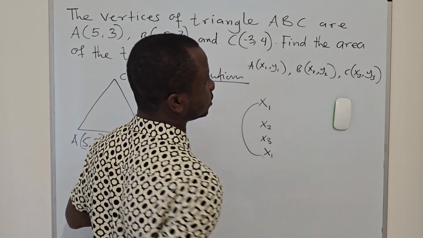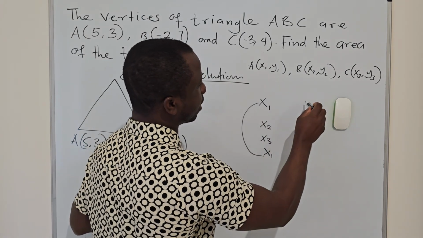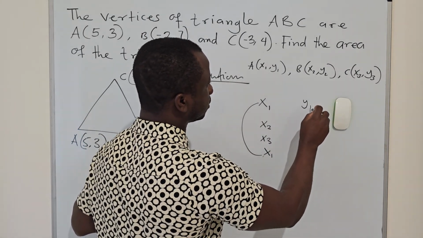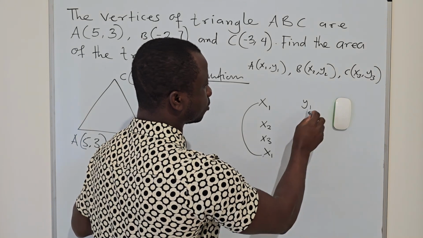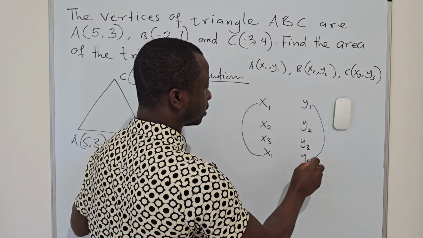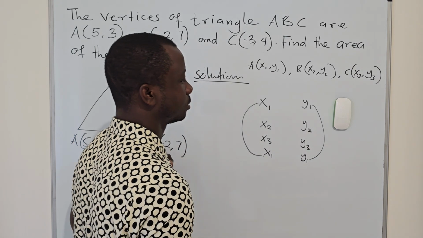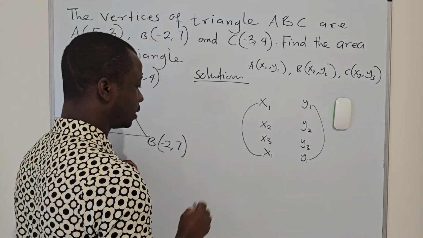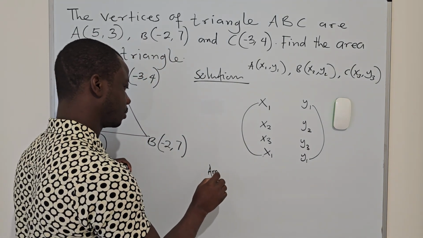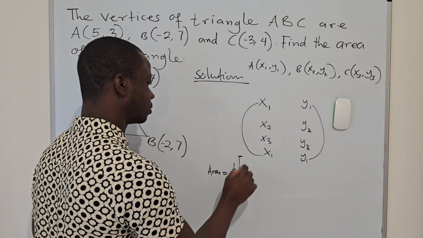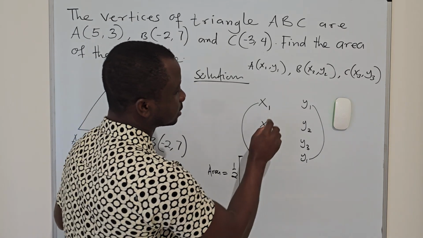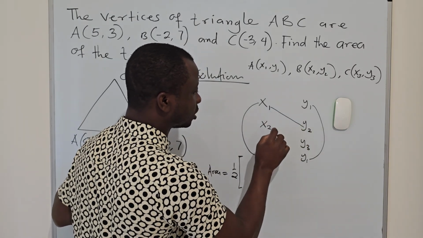I'll do the same thing to the y components. So y1 will be here, y2 will be here, y3 will be here, and then I'm going to repeat this y1 down here as y1. So to get the area, it's going to be 1 over 2. This side, I'm going to multiply it diagonally.